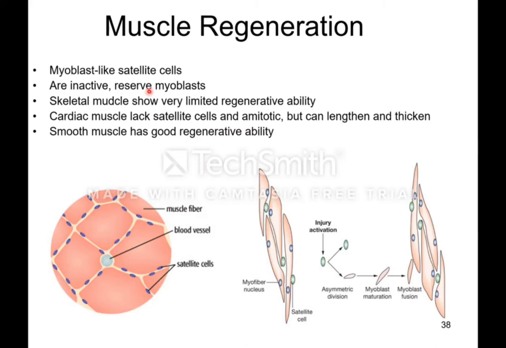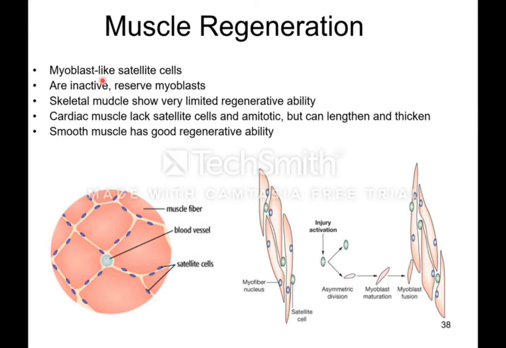About muscle regeneration, as I said in the first part of this session, there are some myoblasts, like non-fused satellite cells, that act as stem cells. They are inactive and they are reserve myoblasts. When the muscle is injured, these satellite cells differentiate to myoblasts and finally myocytes.